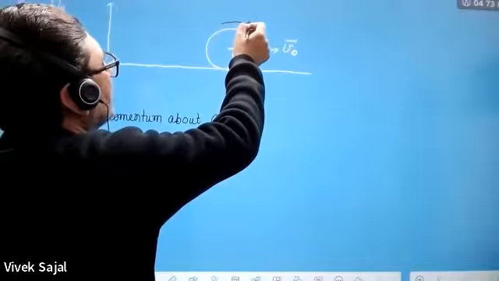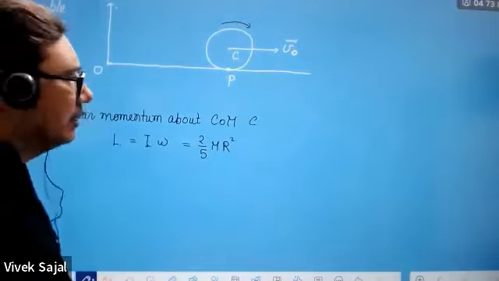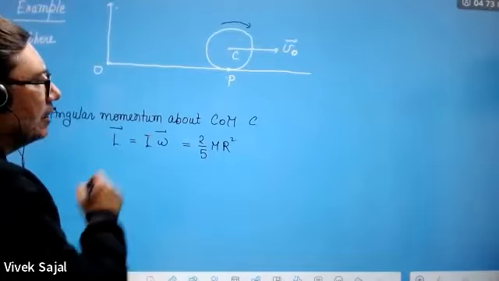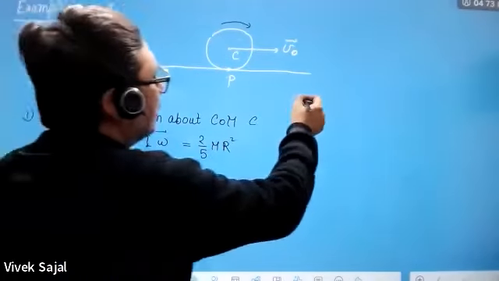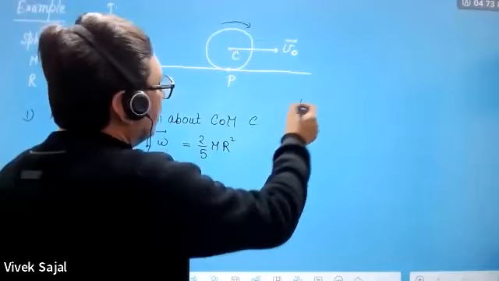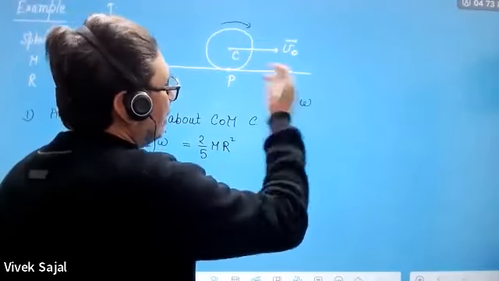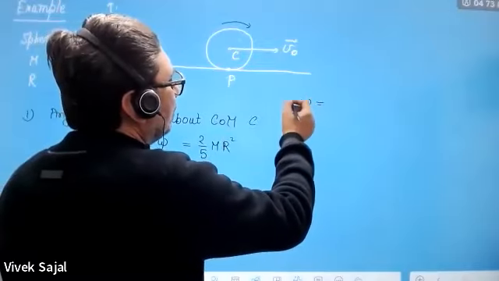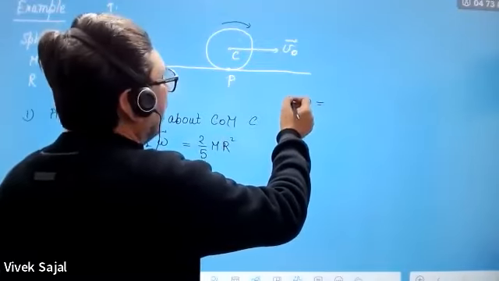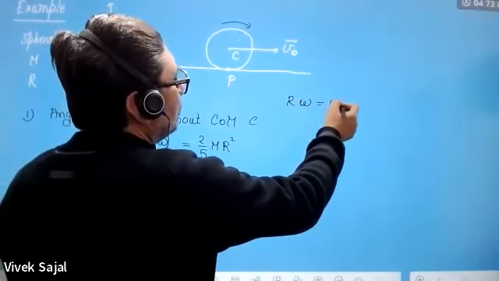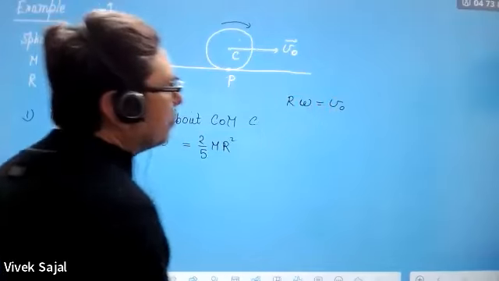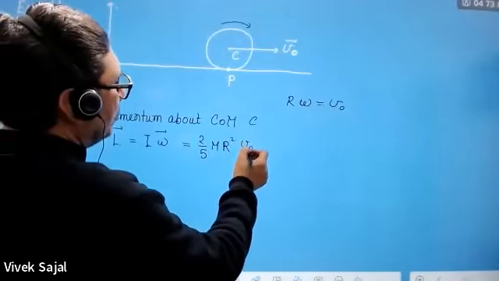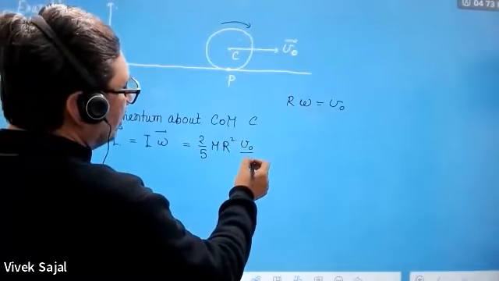If they provide me omega, I can directly write omega. But here, you can say this is R omega, that will be V naught. So omega will be V naught upon R. So I will write V naught upon R.